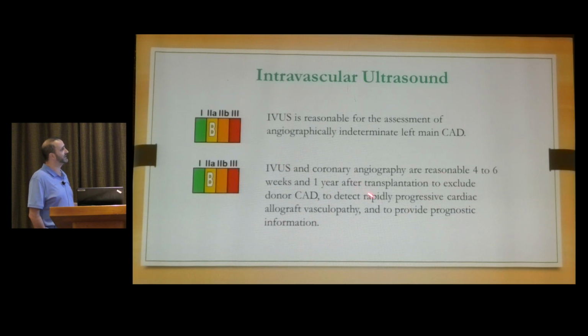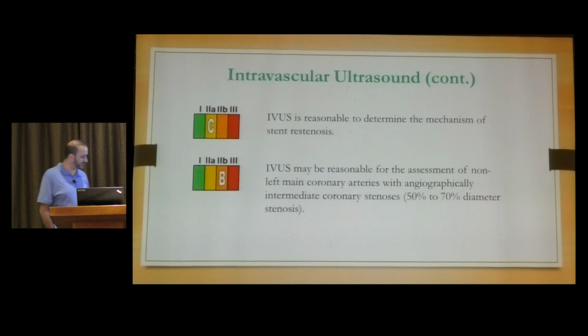IVUS is a good tool to assess transplant heart for transplant vasculopathy, and is reasonable to do to determine the mechanism of stenosis. It's reasonable, but it's a class 2B, meaning it's not really a good tool to use for non-left main blood vessels.